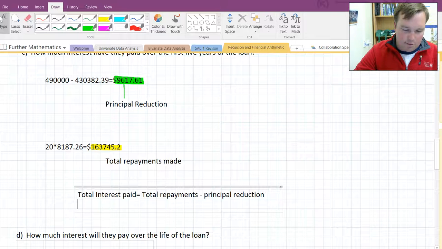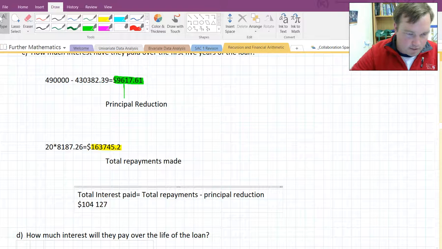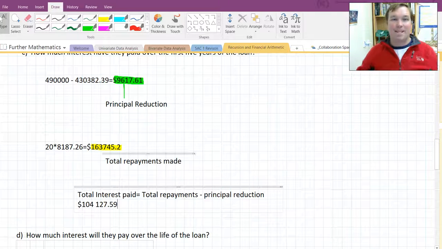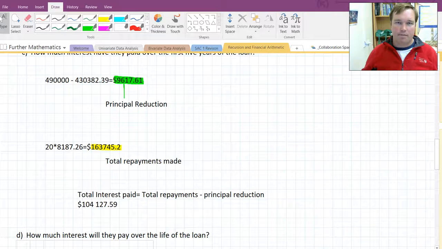The total interest they've paid is $104,127.59. You're wondering where banks make their money? It's there. There's where they make their money.